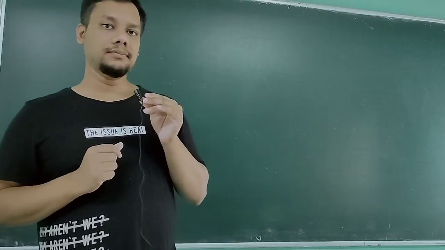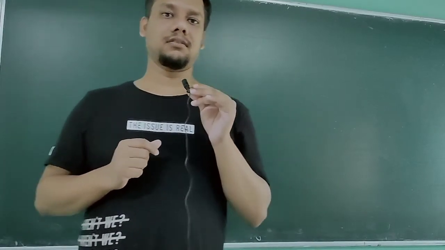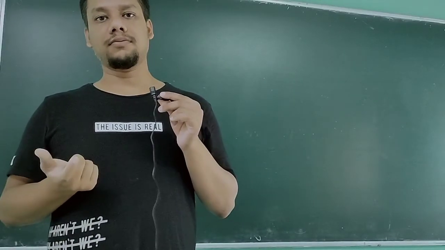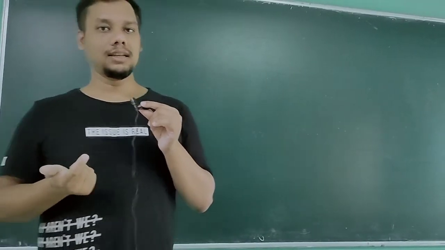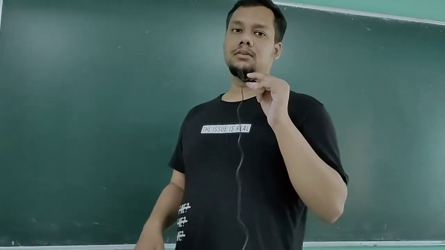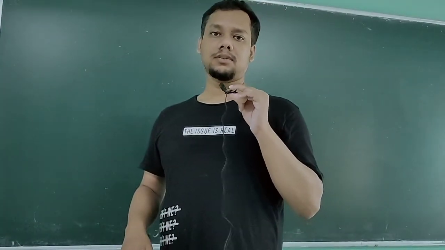In this way, the total magnification of the object in a compound microscope is the product of the magnifications of both the lenses. As I draw the diagram and do the derivation, things will be clear.